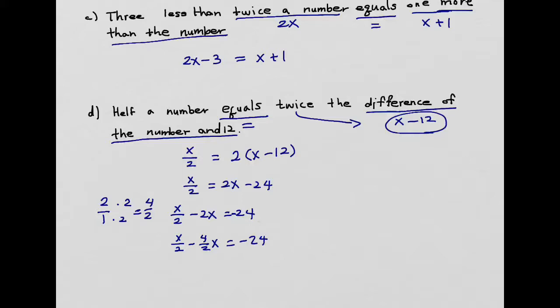So that's going to be now. And if you want to rewrite this so that you know what number you're going to add, you can rewrite x over 2 as 1 over 2 x. That will be the same thing. So you're basically doing 1 over 2 minus 4 over 2. That gives you negative 3 over 2 x.